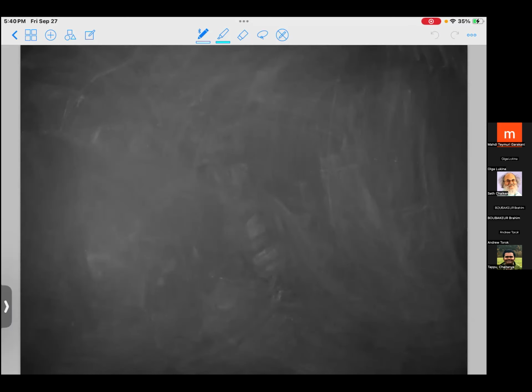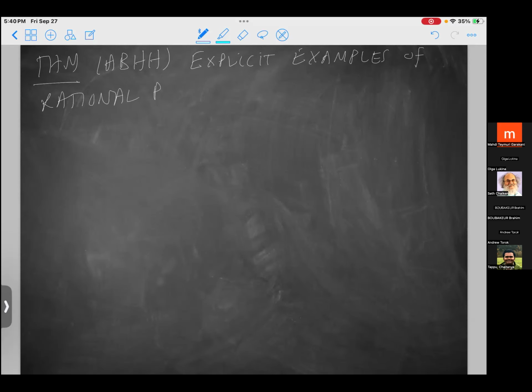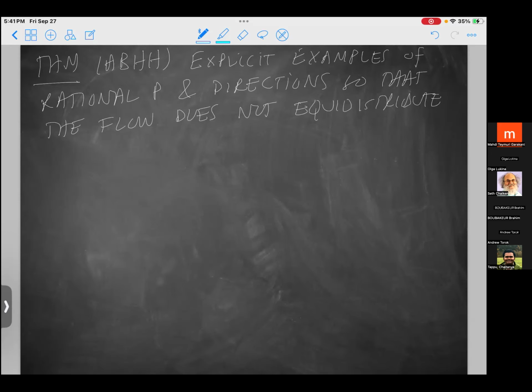And then we have a second theorem, and in fact this is really a corollary of one of our second theorems: we have explicit examples of rational P and directions so that the flow does not equidistribute, is not even dense, but has fractal orbit closure.